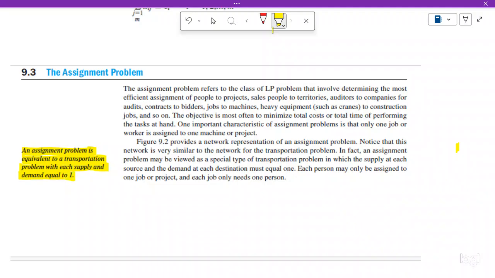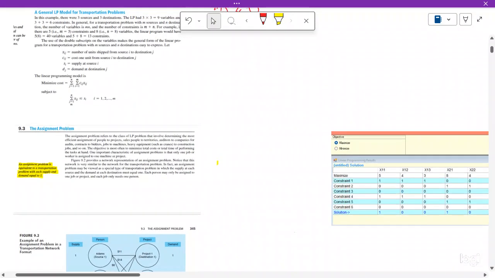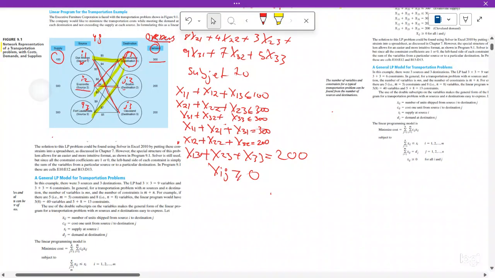So this was the LP model for transportation problems. The terms are very important.